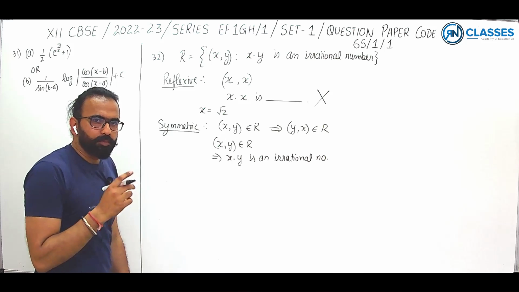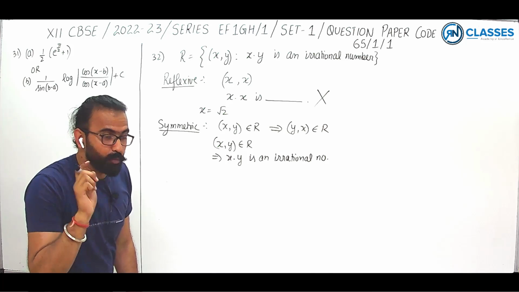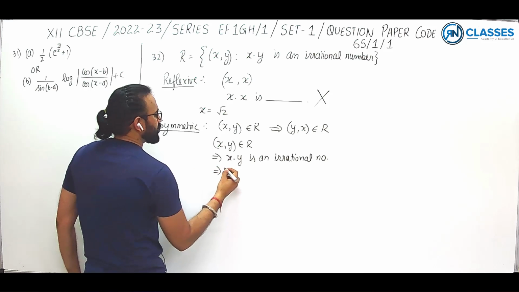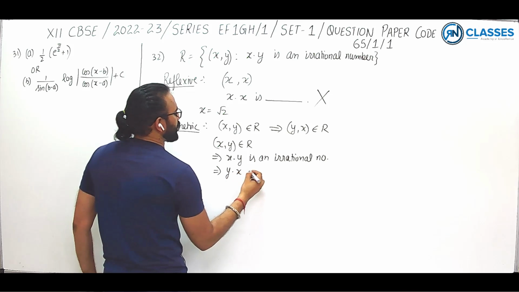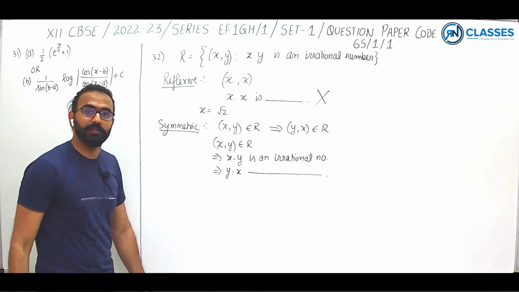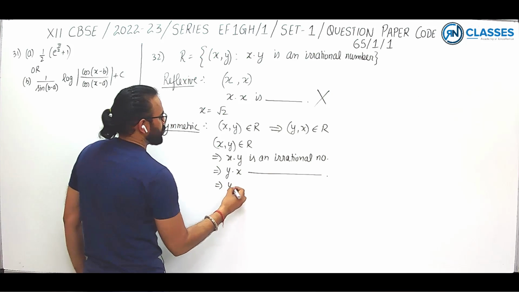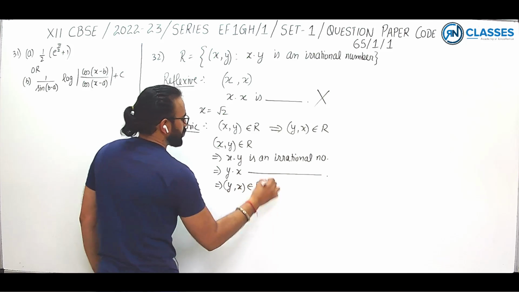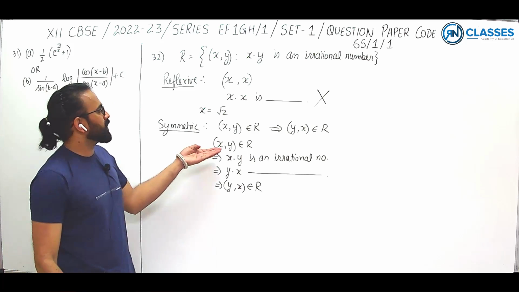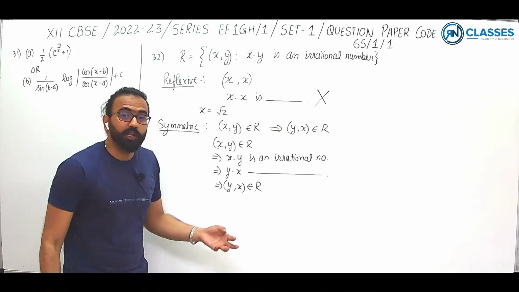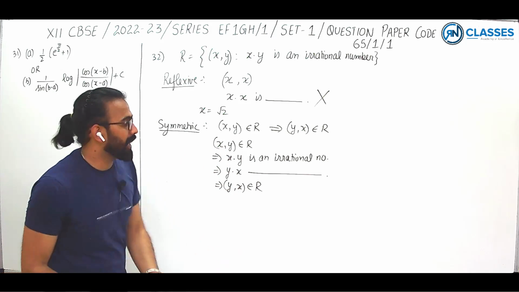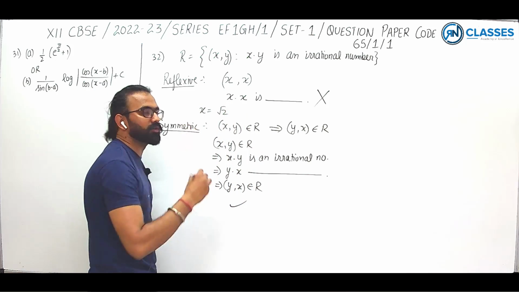And we know product of two real numbers is commutative. That's why I can write from here that y into x is also an irrational number. Since y into x is an irrational number, this implies y comma x belongs to relation R. It means अगर x comma y relation R में है तो इसके corresponding y comma x भी relation R में है. That's why this relation is a symmetric relation.